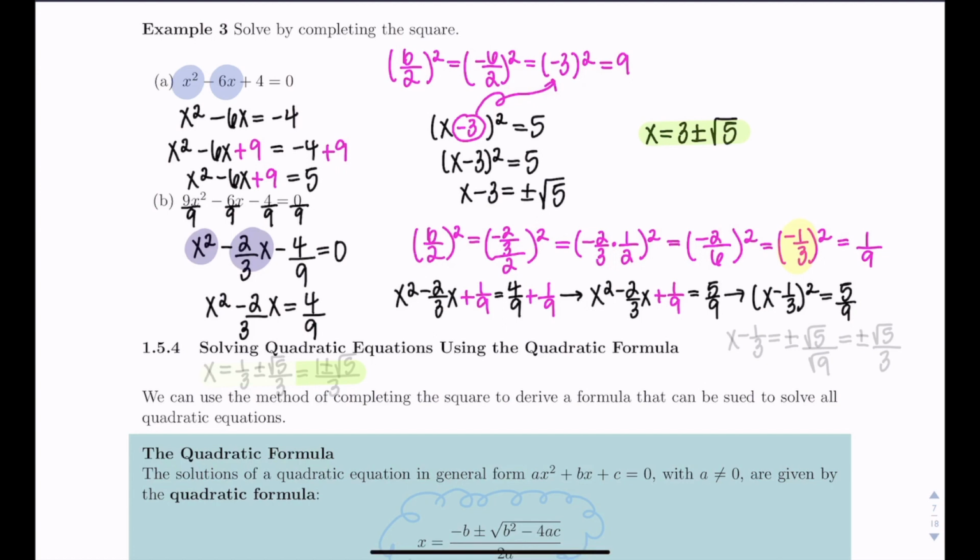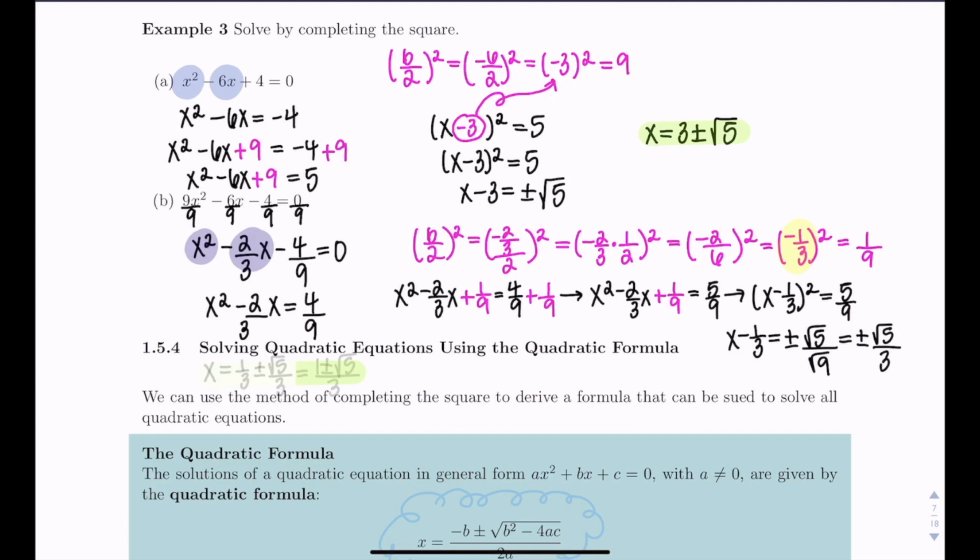We can take the square root of both sides. So we have x minus 1/3 is equal to plus or minus, and I'm going to split my square root into both pieces, so square root of 5 over the square root of 9. But this is just plus or minus the square root of 5 over 3.